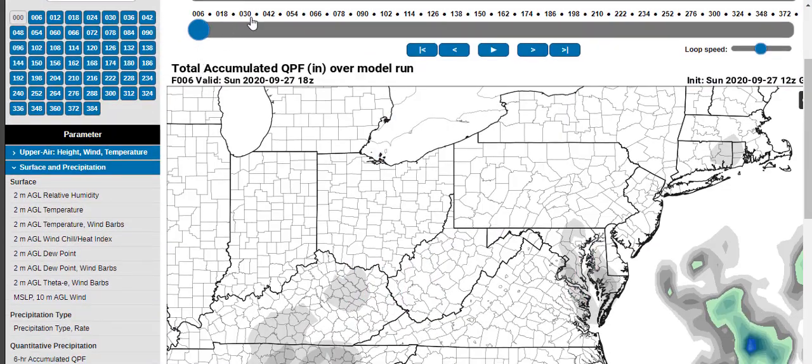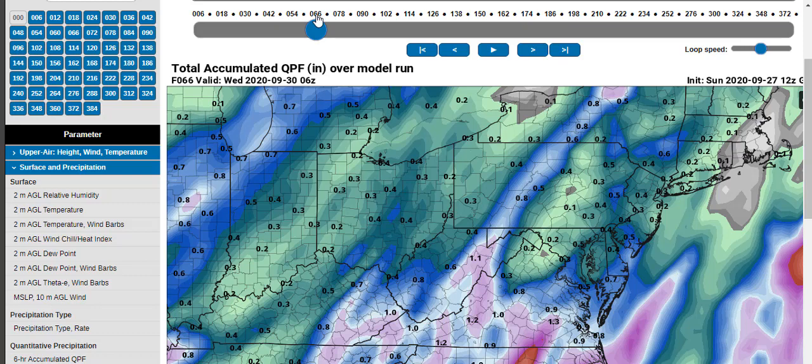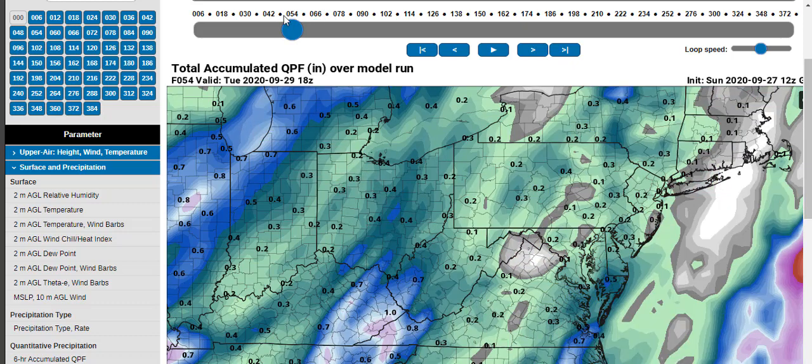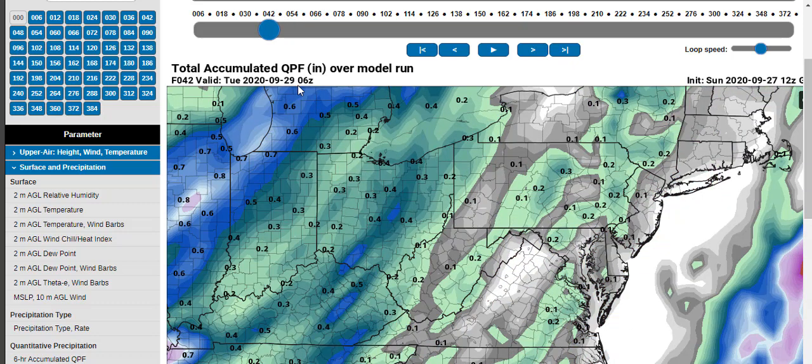But here, if I'm going throughout the day on Tuesday, if I want to use the total accumulated QPF, here what you would do is you see that it's already rained, right? DC is picking up about a quarter to 3/10 of an inch according to the GFS model. All right. But I want to go all the way back to Tuesday. So sorry, I was on the wrong day.